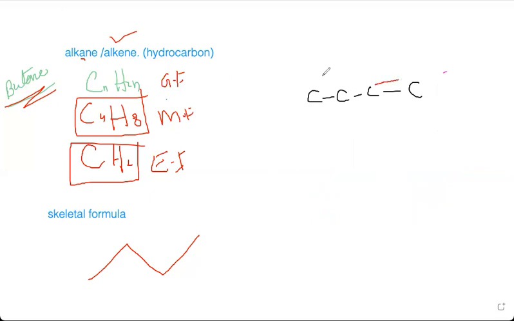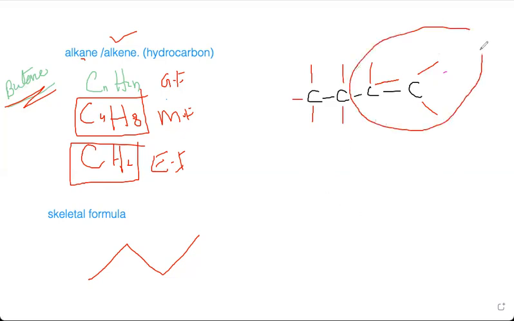This is butene. Now fill the hydrogen. This carbon has 3 bonds, so 4. This one, 1, 2. What about the second one? Already it is making 3 bonds. The last one, this hydrogen and this. You can see I'm following the shape of the molecule right now, but I'm not completely following it.